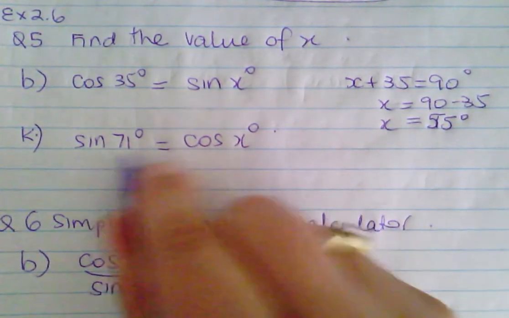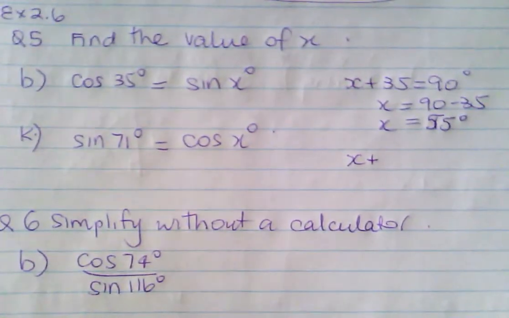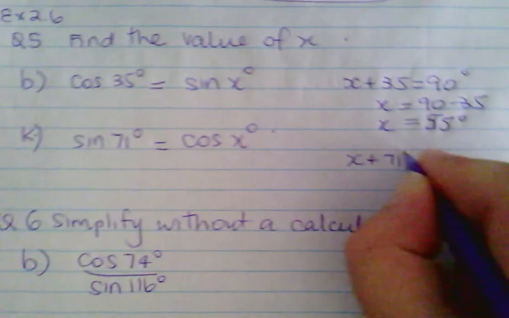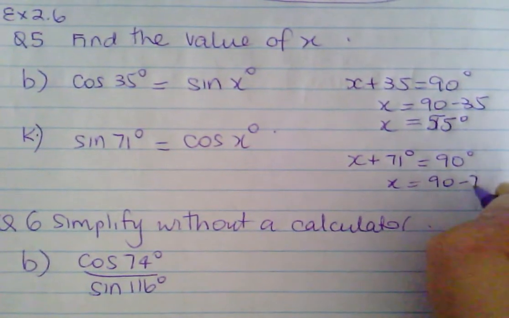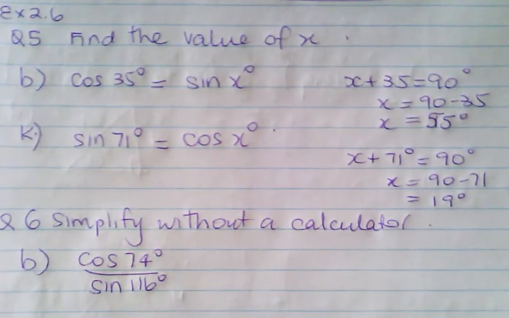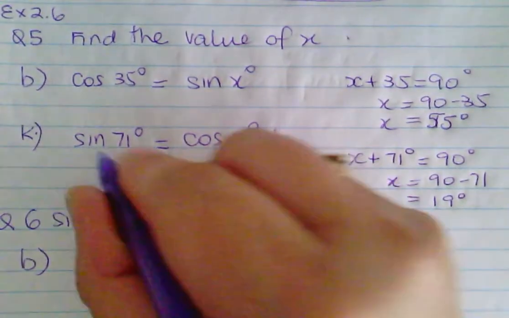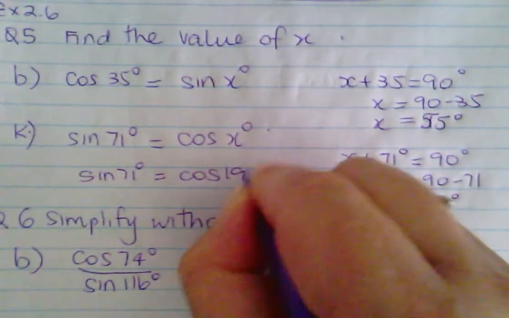Cos 35 equals sine 55. What about this one? It doesn't matter which way you do it, the x and the 71 add up to 90. So x is 90 minus 71, which is 19. So sine of 71 is the same as cos of 19.